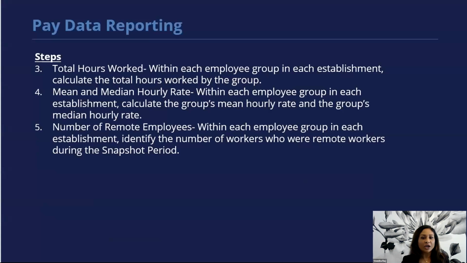Once you have that information, then you're going to determine the total hours worked within each group of employees in each establishment. And then you're going to do the same for determining the mean and median hours for each employee group at each establishment. And then for each employee group within each establishment, you're going to identify the number of employees that worked remotely.